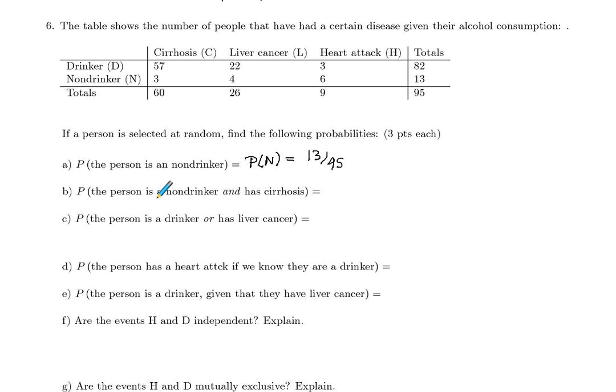What's the probability a person is a non-drinker and has cirrhosis? So they're a non-drinker, so they're in this row, and they ended up having cirrhosis. So that means this row and this column. And you can see that there were 3 people that were both in that row and that column.